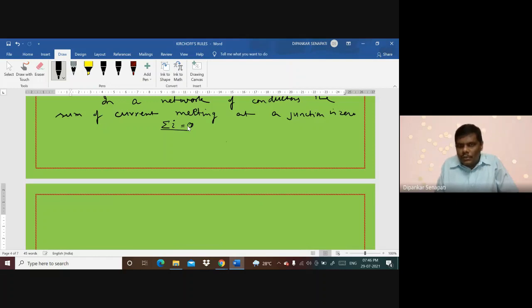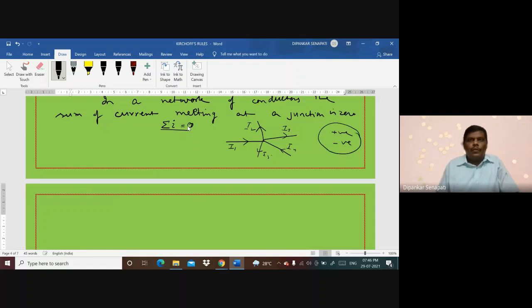If we consider a junction with five conductors like this, suppose this is I1, this one is I2, this one is I3, this one is I4, this one is I5. Sum of all current is equal to zero. How is it possible? Only when some currents are positive and other currents are negative.